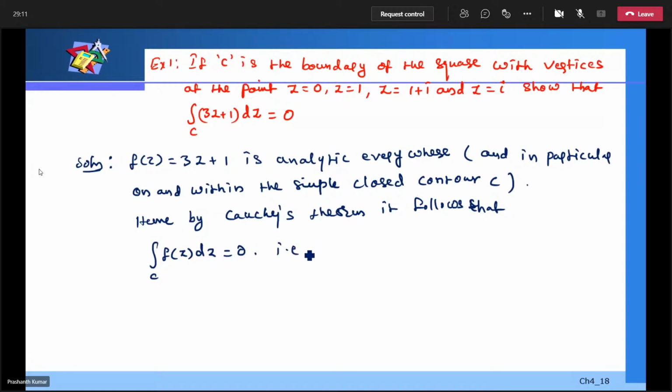That is, the integral over C of 3z plus 1 dz is 0. This is the answer.